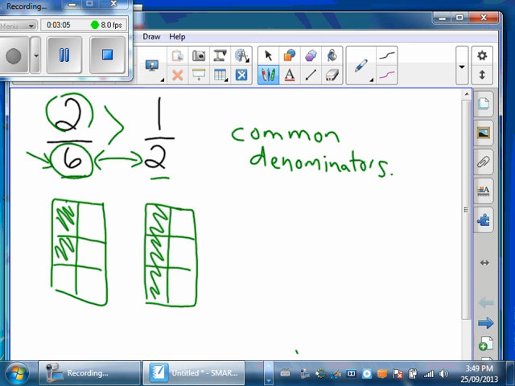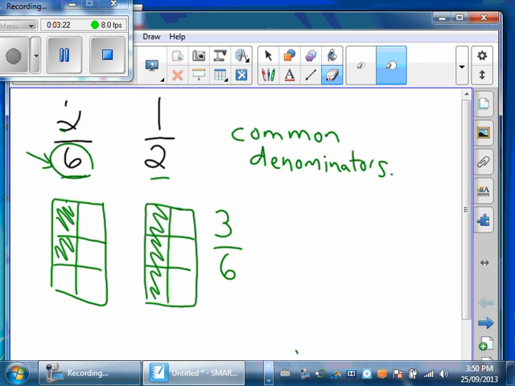When we look at this, we can see that half of it is still shaded, but in fact there are 3 out of the 6 parts shaded. And since we know that 3/6 is going to be more than 2/6, we can simply say that 1/2 is going to be larger than 2/6.